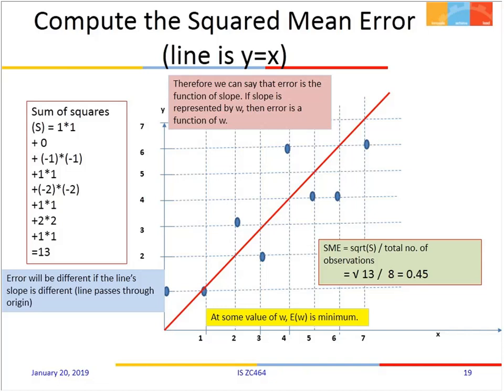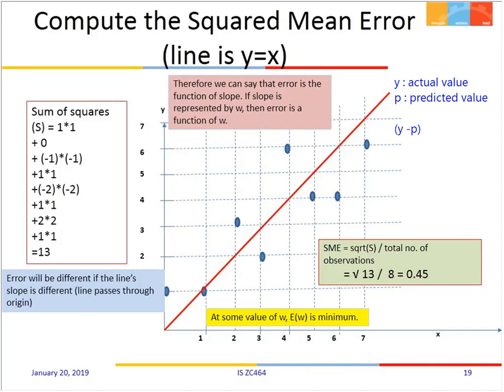As I mentioned earlier, P is the corresponding y value where it has the intersection point on the red line. So what is this? Actual value minus predicted value. You have to take the square of this. For each point, you take the square of this and then sum it up over all the observations.